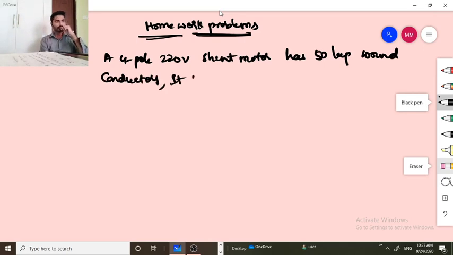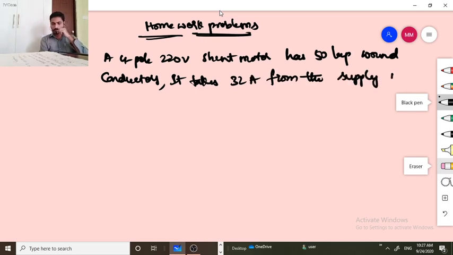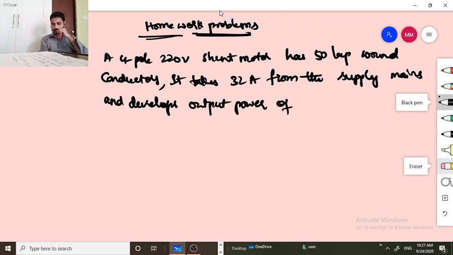It takes 32 amperes from the supply mains and develops an output power of 5.595 kilowatt.